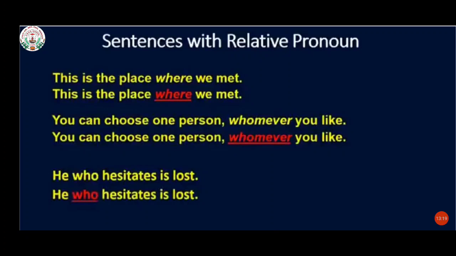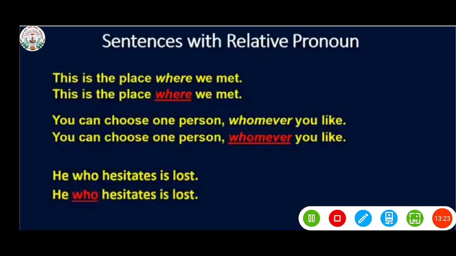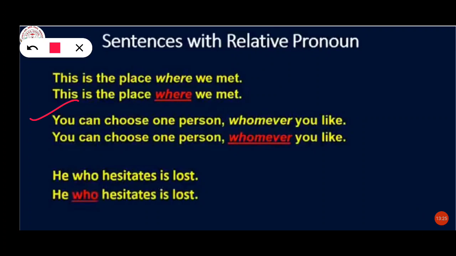The second one is, you can choose one person, whomever you like. So here, whomever is the relative pronoun. Third one, he who hesitates is lost. So here, who is a relative pronoun.